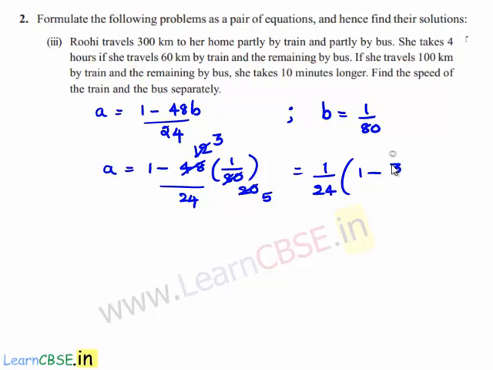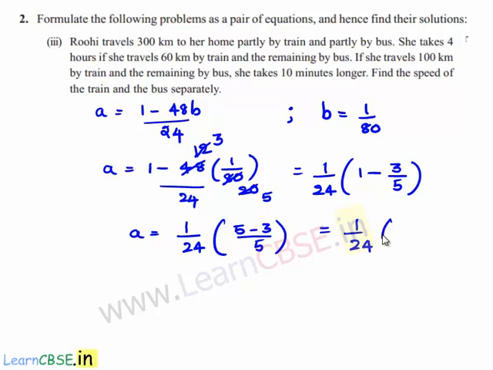So this is 3 by 5. So a is equal to 1 by 24 times of (5 minus 3) by 5, which is nothing but 1 by 24 times of 2 by 5. So 2 goes 12 in 24. So we get a is equal to 1 by 60. We have found the value of a as 1 by 60 and the value of b as 1 by 80.